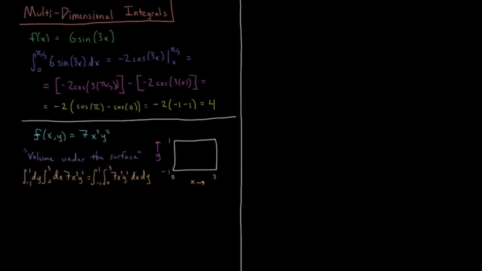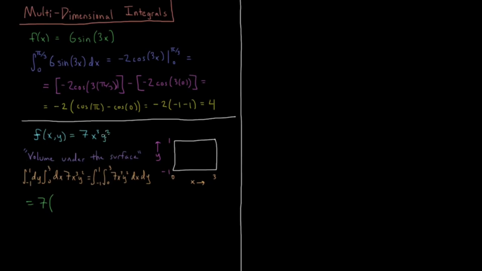Okay, so let's try to evaluate this integral. One way I could do this is by factoring this function into a function of x and a function of y, and then doing the individual integrals. So I could say, well, by the scalar multiple rule, I can factor out the 7. Then in terms of x, it's x cubed, and in terms of y, it's y squared.